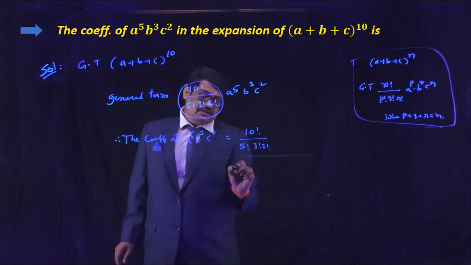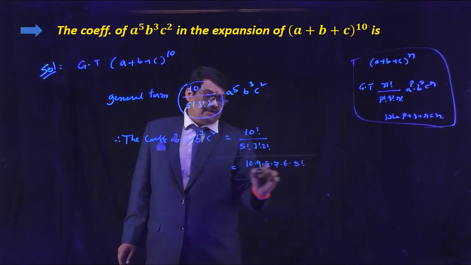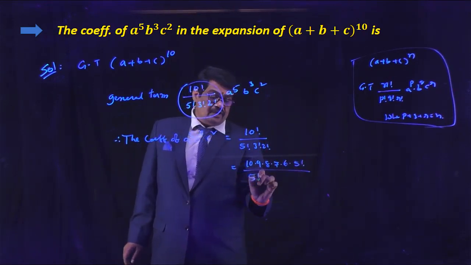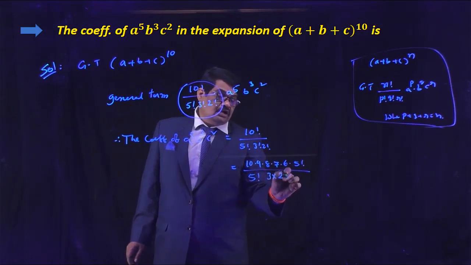Now we are simplifying this one. 10 factorial is 10 into 9 into 8 into 7 into 6 into 5 factorial. In the denominator, we write 5 factorial, 3 factorial is 3 into 2 into 1, and 2 factorial.